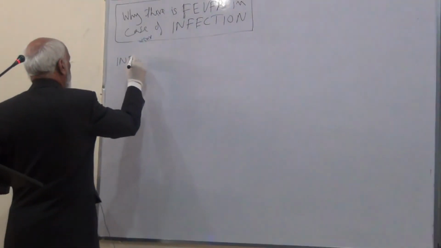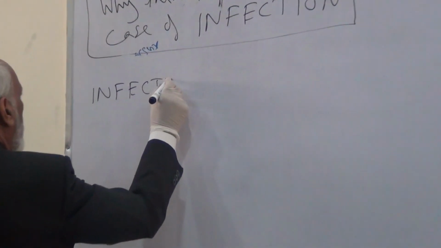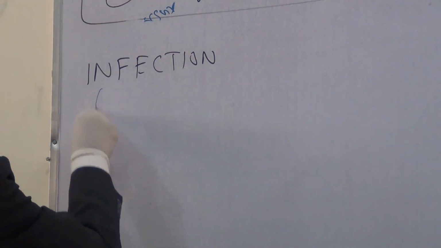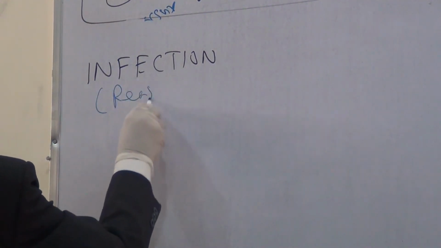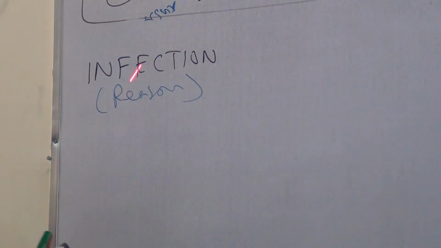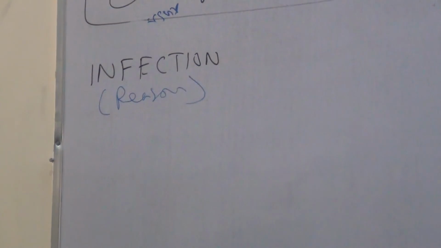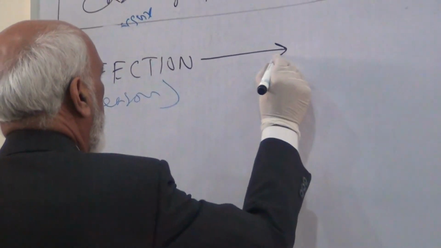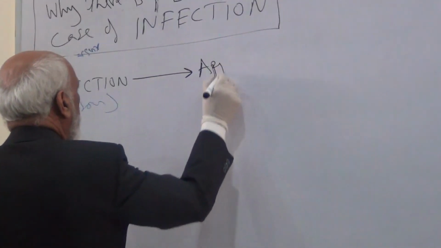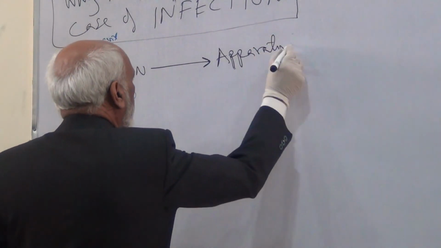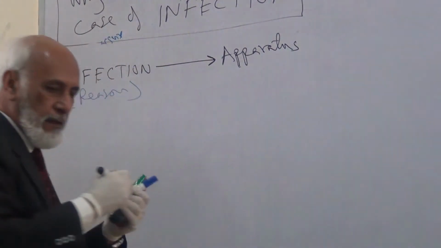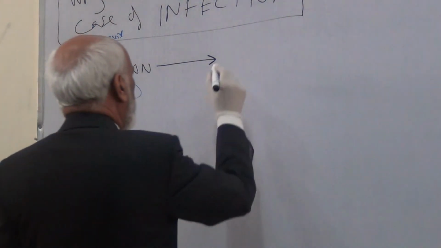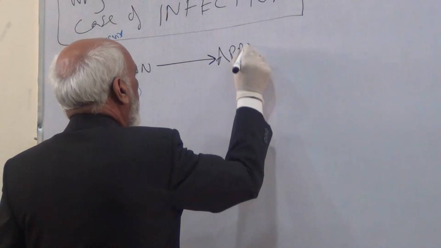The reason is infection. This is the cause for fever in cases of infection. Then, what are the different parts of the brain, the components, the apparatus which is involved? What are the different components?